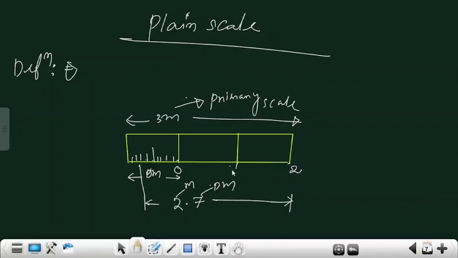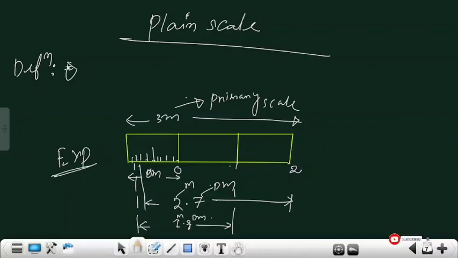That's how we measure. Similarly we have to measure 1.8: this to this 1, and 0, 5, 6, 7, 8, this is 1.8 meter decimeter. This is how we have to measure. It's all our example.